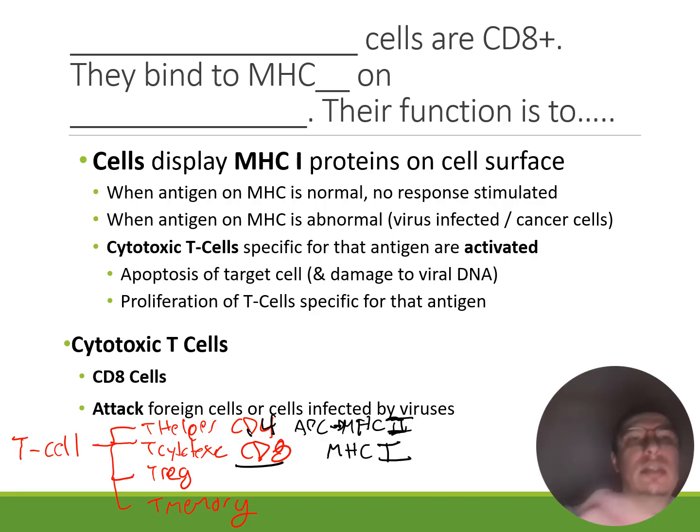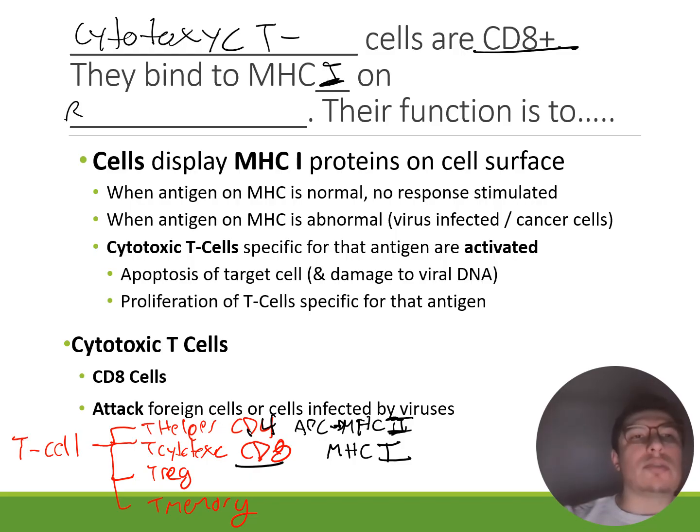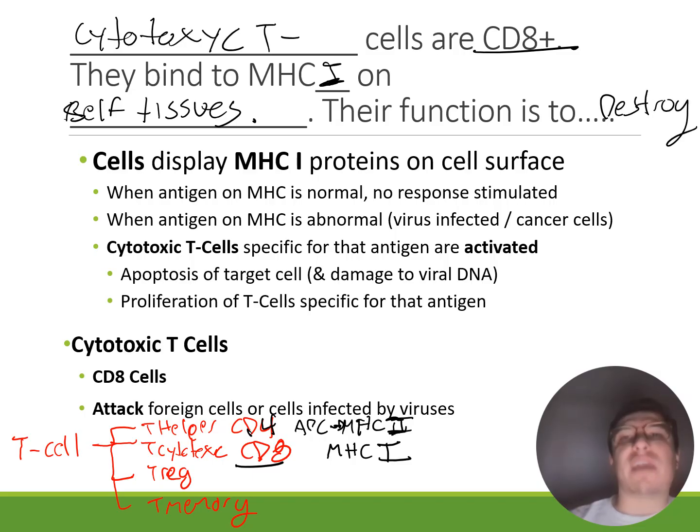All right, so we're gonna put in here cytotoxic T cells are CD8. They bind to MHC1 on regular tissues, on self tissues. Their function is to destroy infected cells.